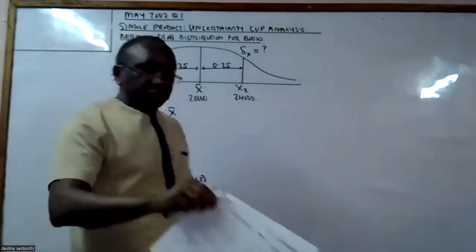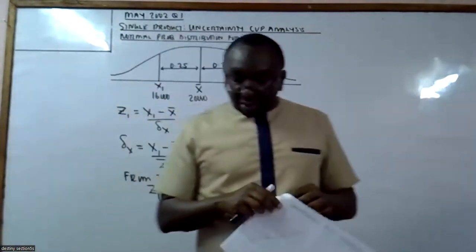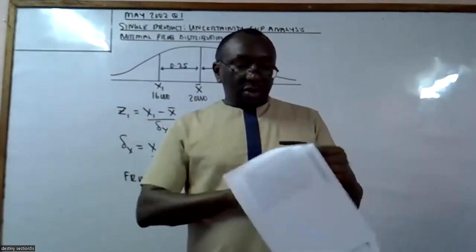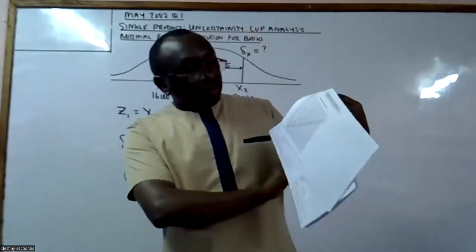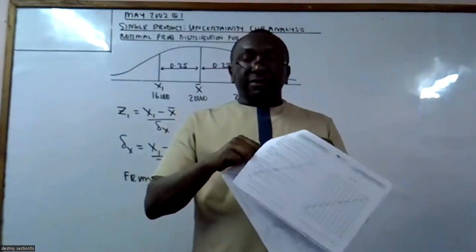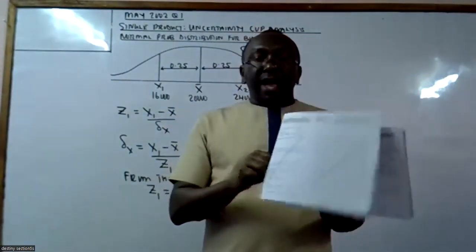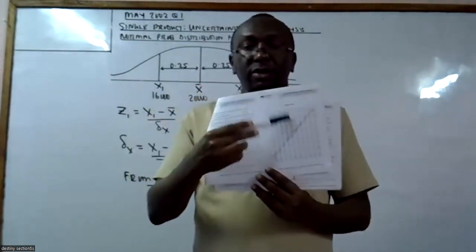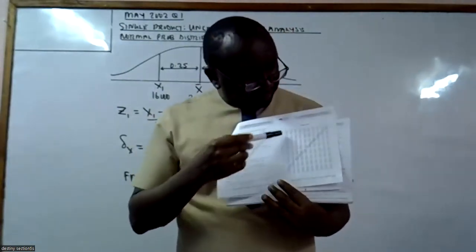So take your tables. Let's go to the tables. Normal curve. Let me remind you how to read again. Go to where it is written normal curve.